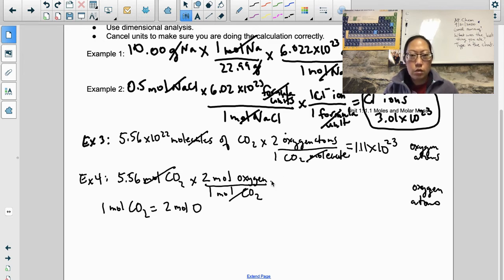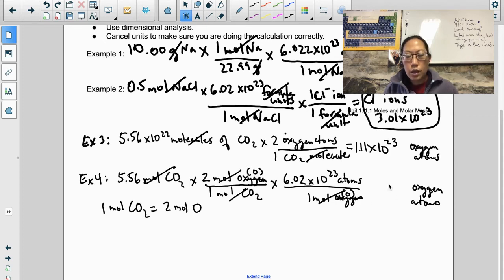Well, I just need to multiply by Avogadro's number, 6.02 times 10 to the 23 atoms over 1 mole of oxygen. And this is oxygen O, right? Because we're talking about atoms here in this case.